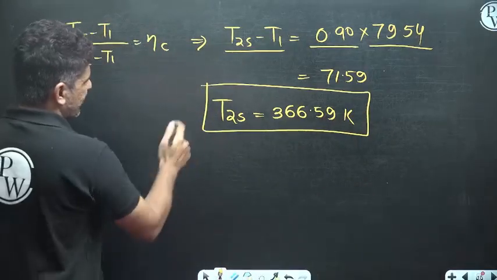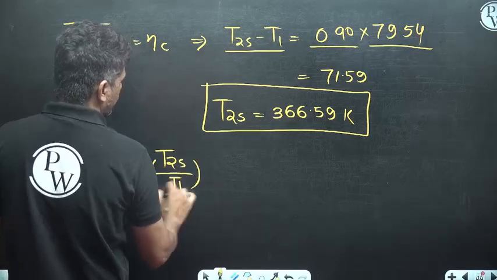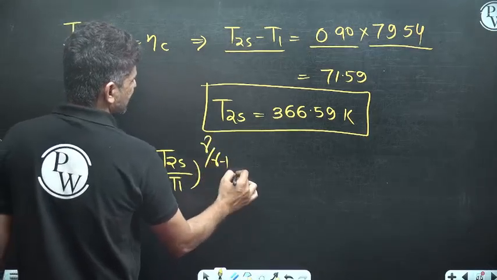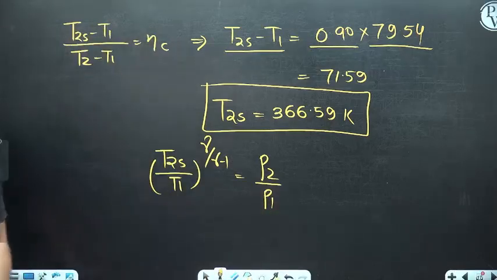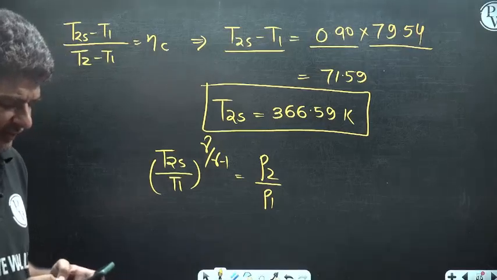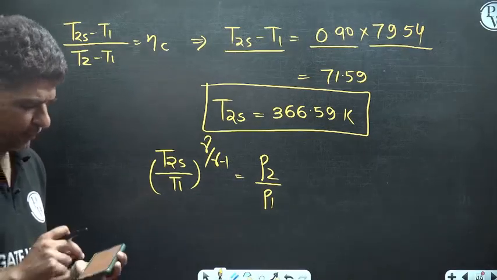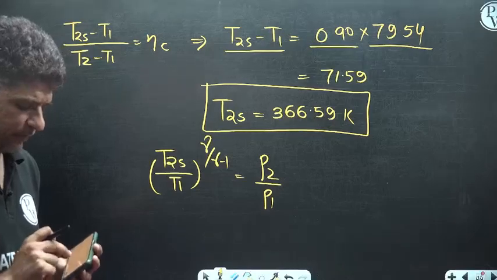Now once you have got T2s, you can calculate (T2s by T1) to the power gamma over gamma minus 1. This is your pressure ratio P2 by P1. So 366.59 divided by 295 is 1.24, and 1.24 to the power 1.4 divided by 0.4.